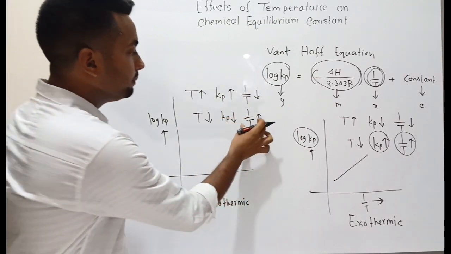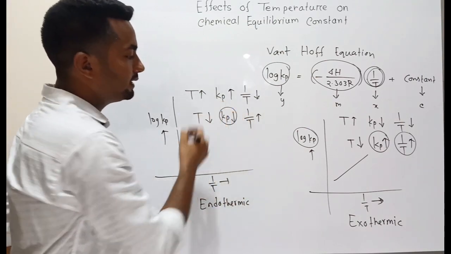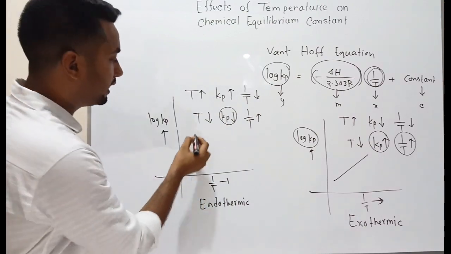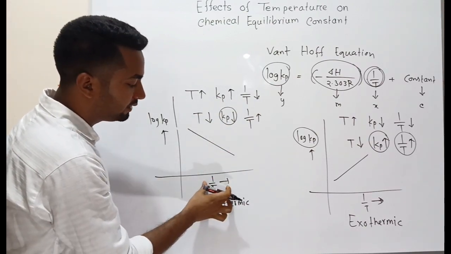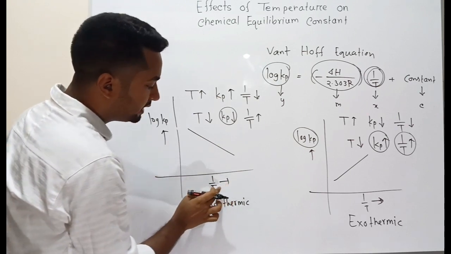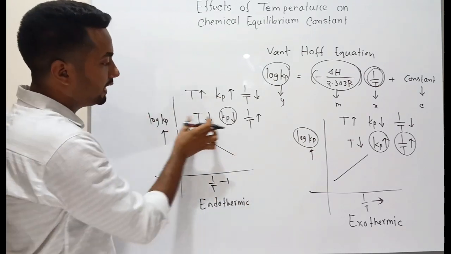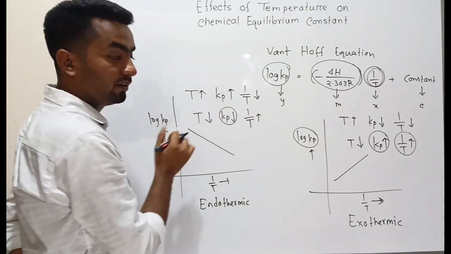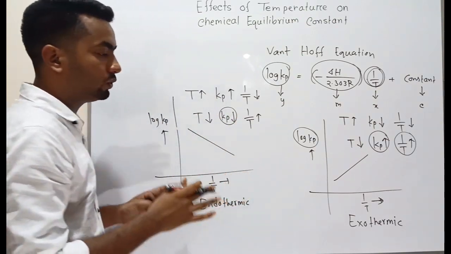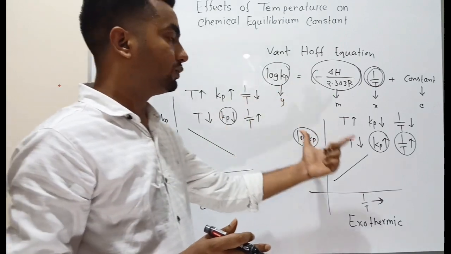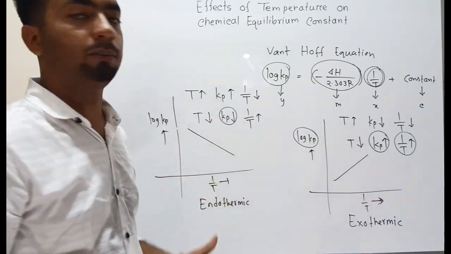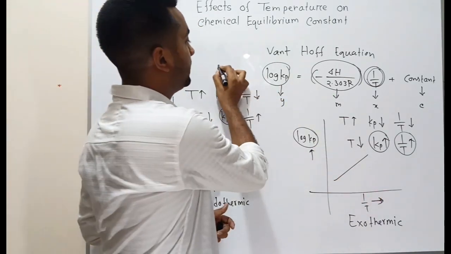So we will have a straight line like this, where we are increasing 1 by T on the x-axis and Kp on the y-axis is decreasing.